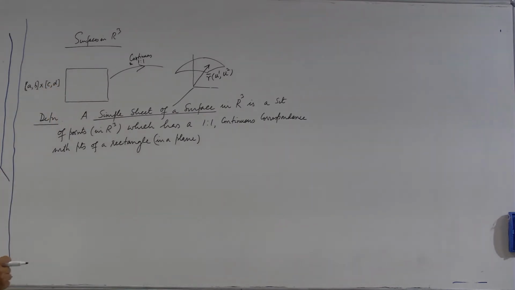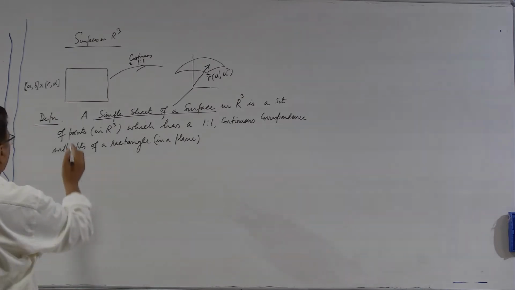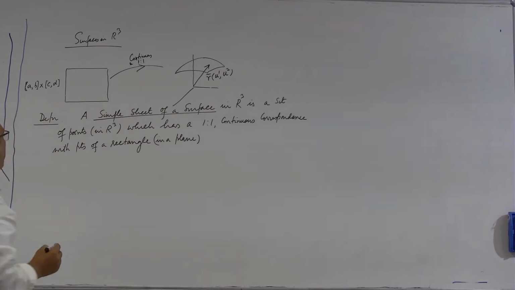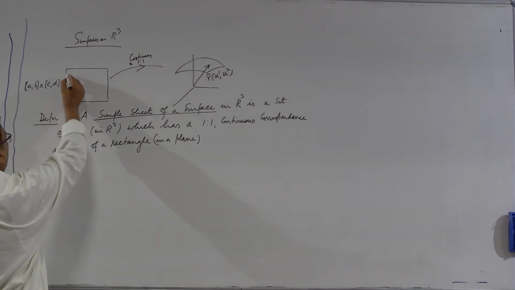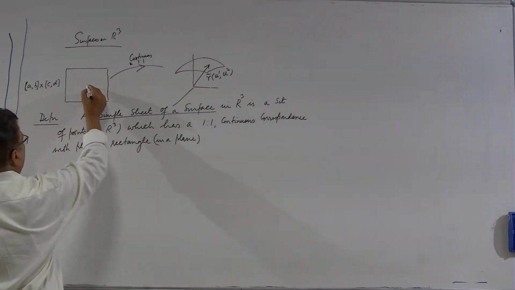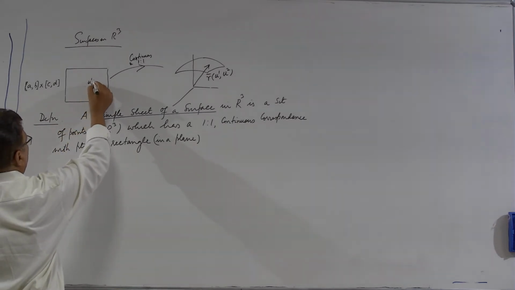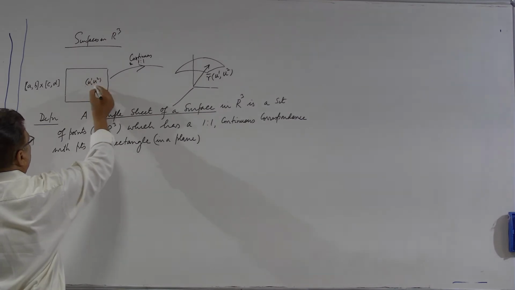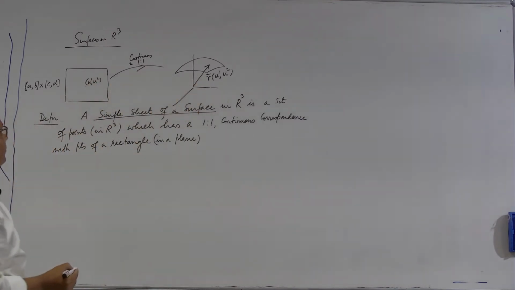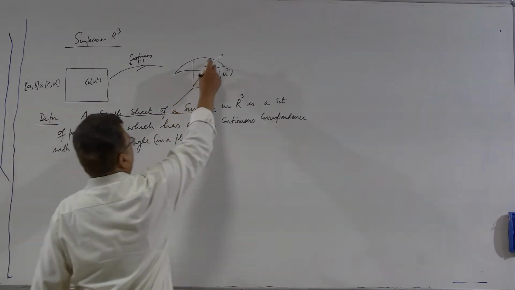If you take the product of two closed intervals, then the shape that you will be getting in R2 will be a closed rectangle. So, u1 is varying on the interval [a, b], whereas u2 is varying on the interval [c, d]. An arbitrary point in the rectangle will be (u1, u2). This (u1, u2) will be mapped under the continuous 1:1 function to a point of the surface.